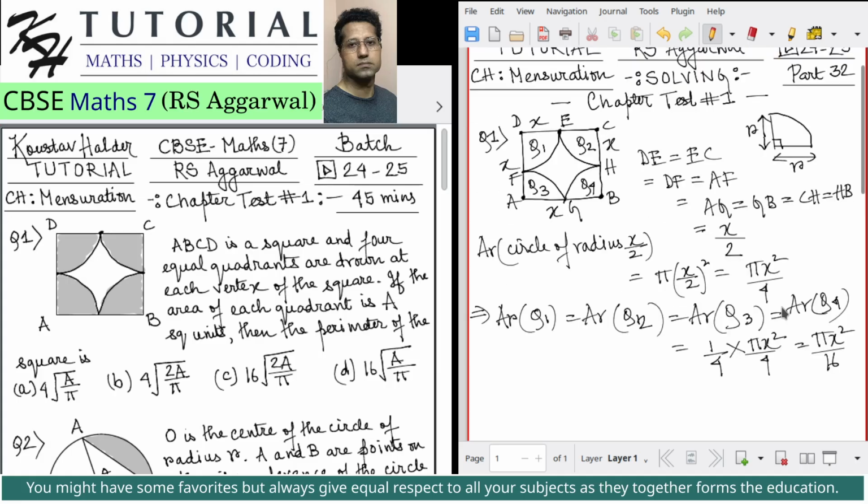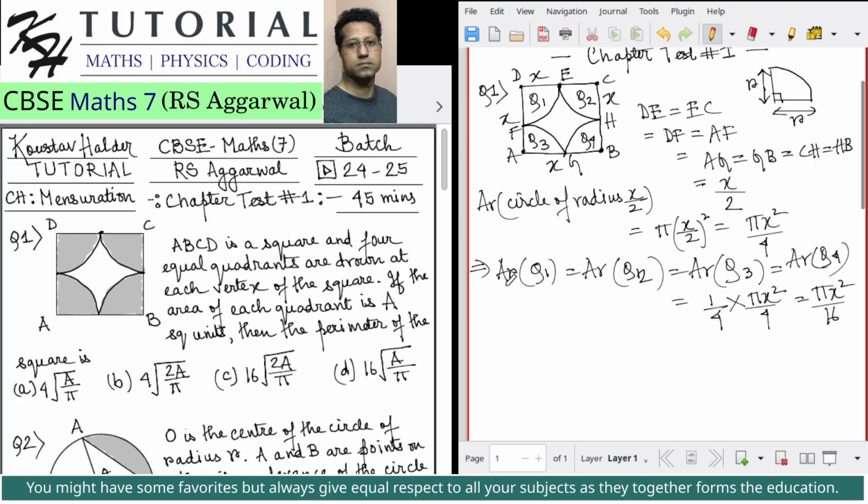So the area of each quadrant is pi x square by 16, where we have assumed x to be the length of each side of the square, but the area of each quadrant is given to be a. So this implies pi x square by 16 is equal to a, so x square will be equal to 16a by pi.